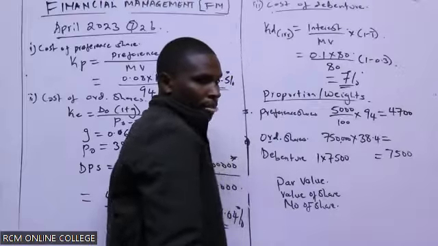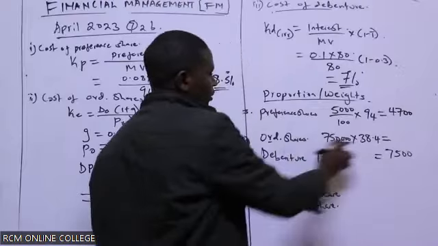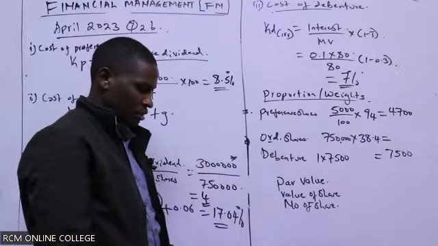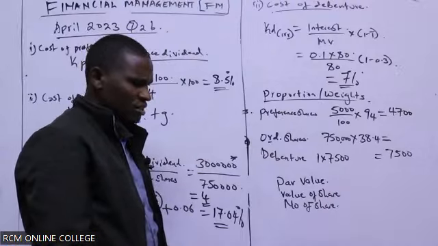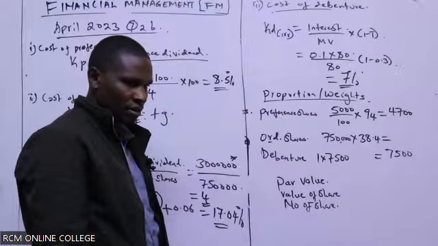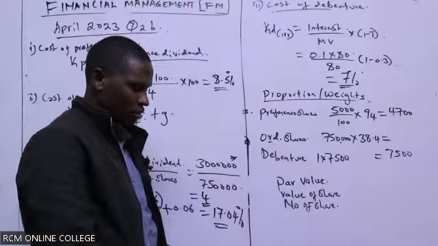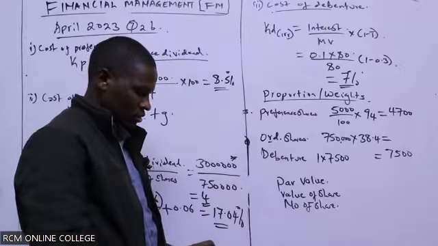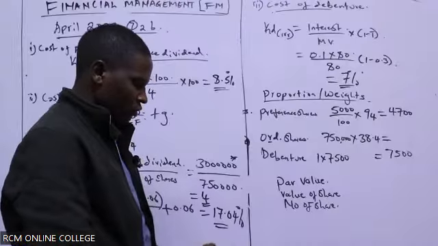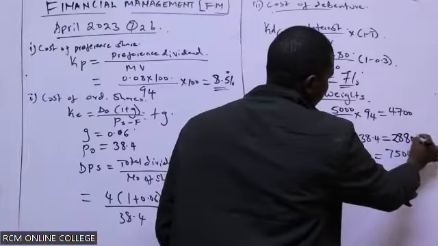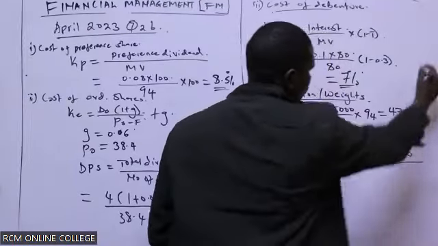Hiyo ingine nayo itakuwa mingi sana kabisa. Is it 750,000 times that? How much are you getting? Okay, ikuwe tu mingi ni sawa. 28,800. Now get the total so that we get proportion.